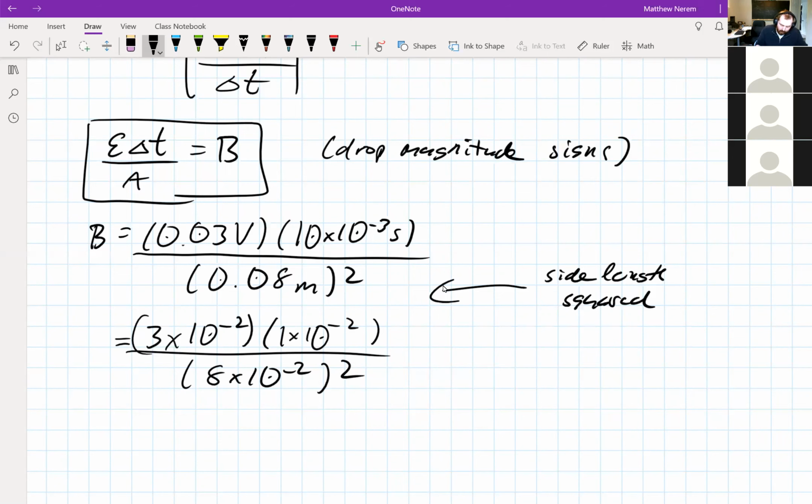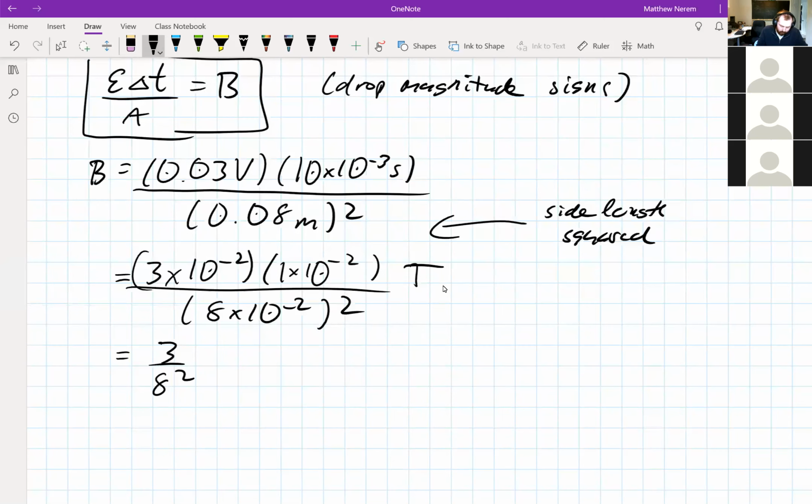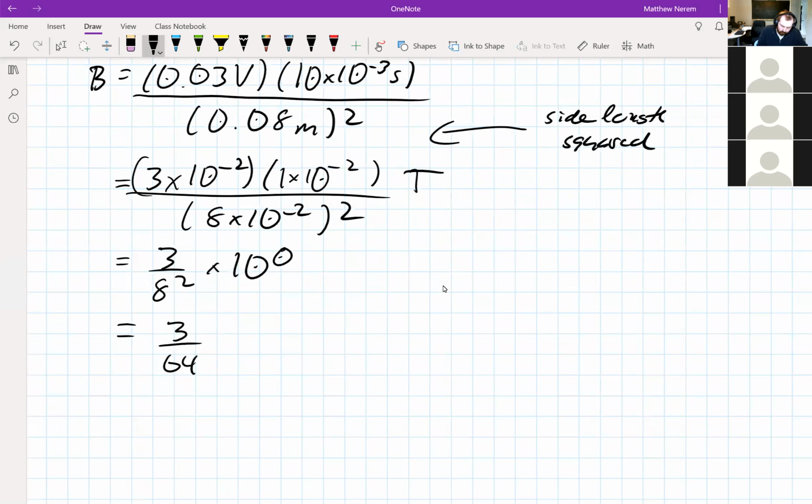Don't forget the units on the end now, it's Tesla. All right, so we've got 3 divided by 8 squared times 10, just add up powers of 10. So let's see here. Minus 2, minus 4, minus 2 squared gets us another minus 4. So this is 10 to the 0th power. And that leaves us with 3 over 64 Tesla.